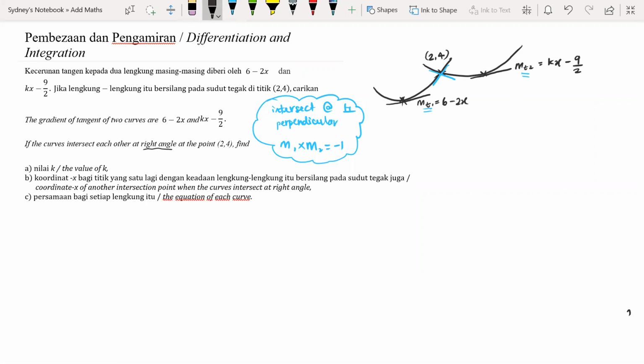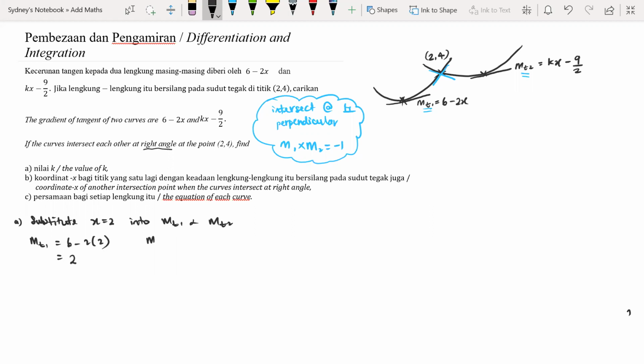So let's do it. Part A, we have to substitute x equals 2 into MT1 and MT2. For MT1, we have 6 minus 2x, therefore 6 minus 4, which is 2.